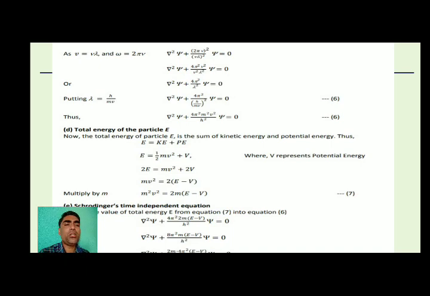Let us substitute the value of λ from de Broglie's hypothesis, which is λ = h/mv.